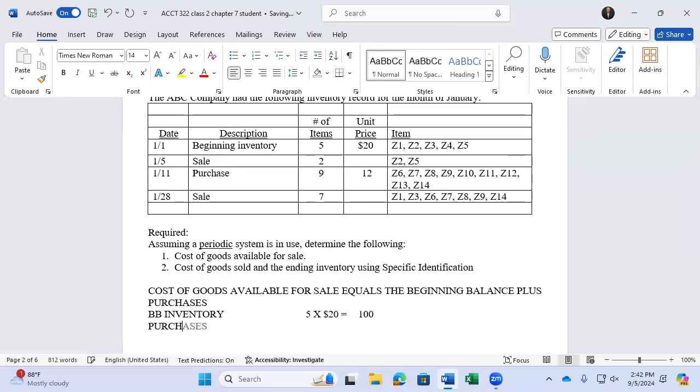And then we have our purchases, 9 times $12. Correct me if I'm wrong, but I think that's 108. And so our cost of goods available for sale equals 208.